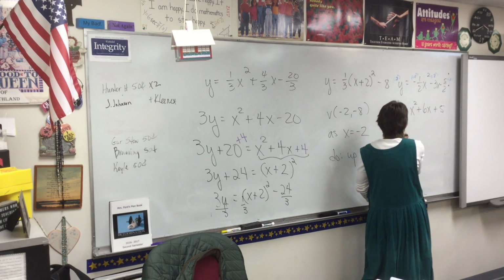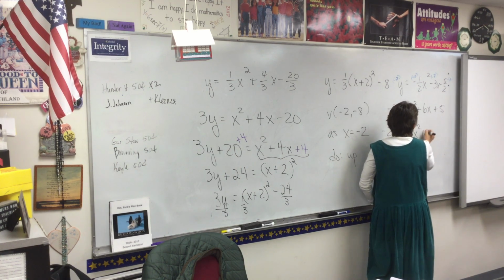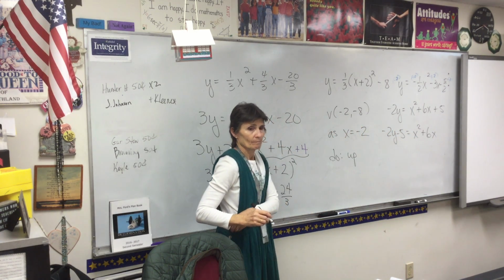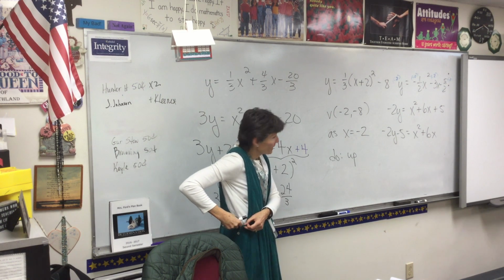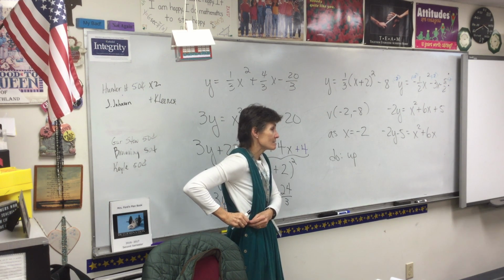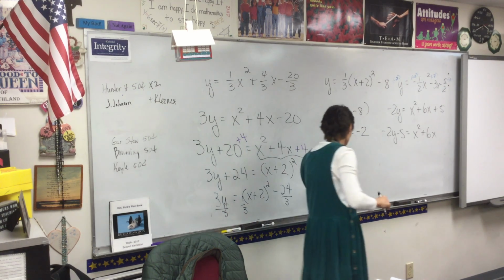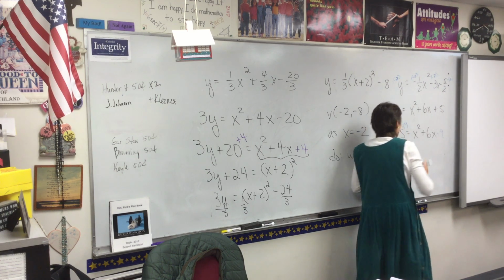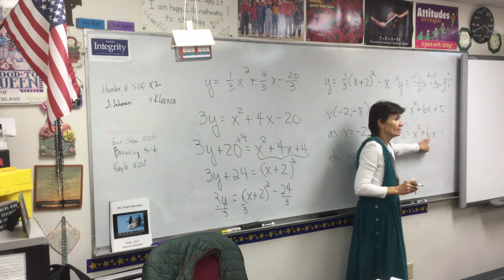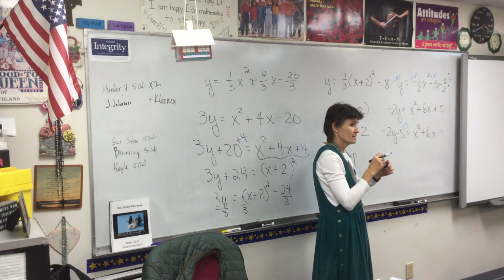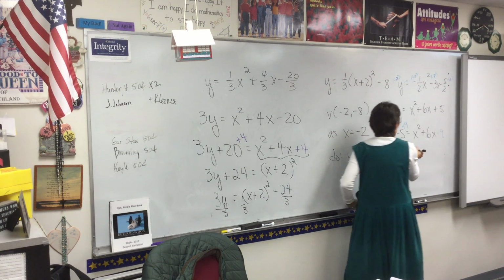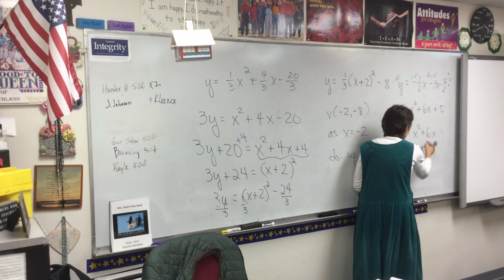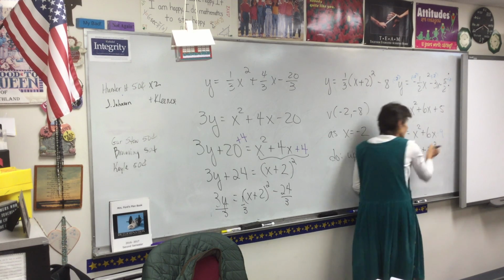Minus 5, so negative 2y minus 5. X plus 6 is equal to x plus 6 squared. I'm going to add what to both sides? I'm going to add 9. Because half of 6 is 3, squared is 9, which makes this parentheses x plus 3.